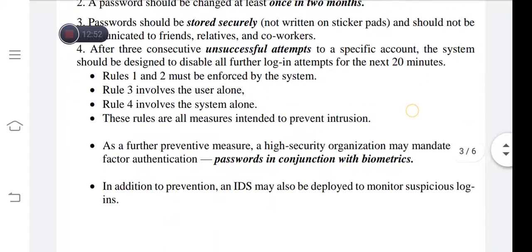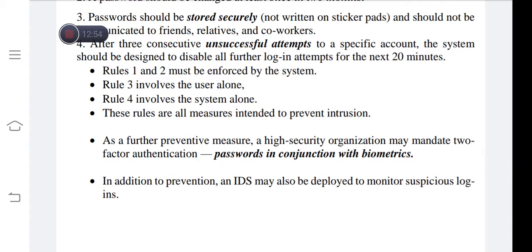As a further preventive measure, a high security organization may mandate two-factor authentication, that is, a password in conjunction with biometrics. Biometrics is used to scan the physical characteristics of an individual.